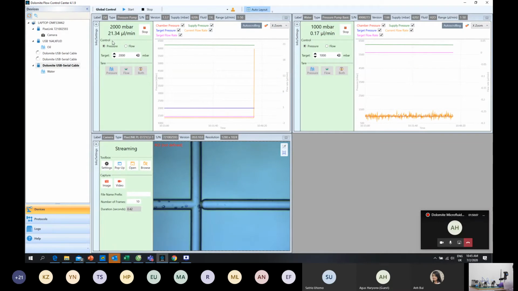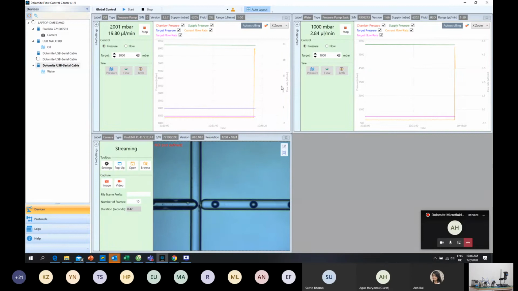Next I will open the water phase. You can see droplets are generated in the chip after I opened the water phase, which is around 3 microliters per minute.